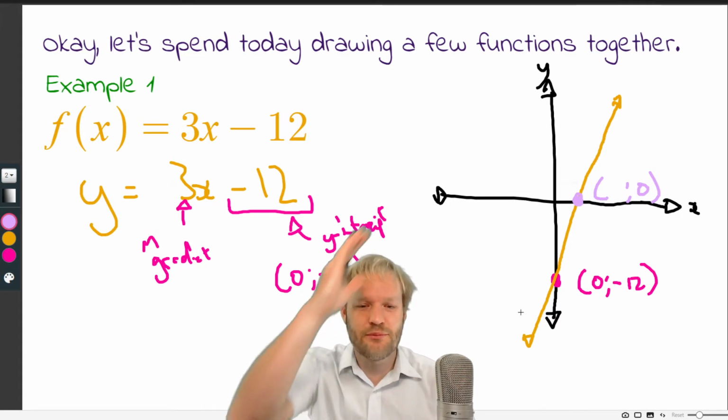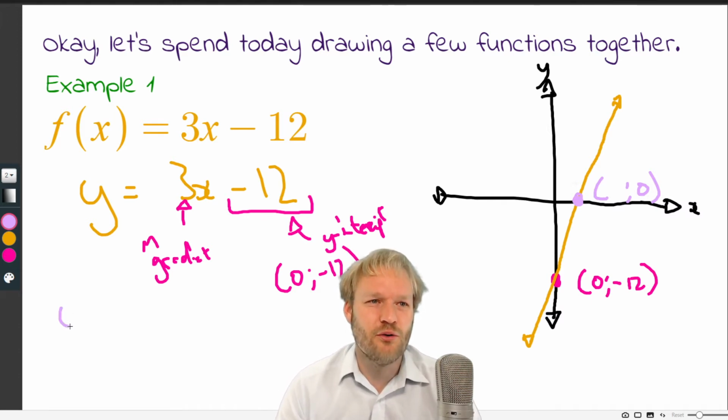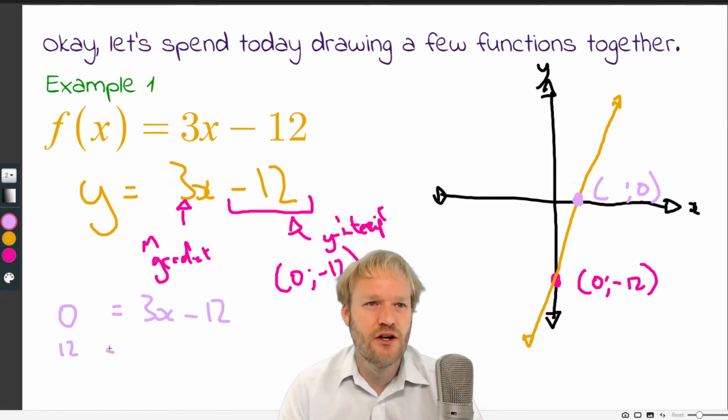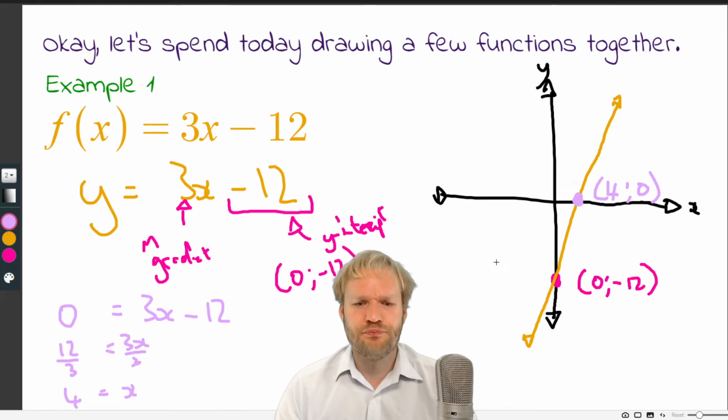So y equals 0 gives 0 equals 3 times our x value, which we don't know, minus 12. We rearrange: plus 12 each side, 12 equals 3x. Divide each side by 3, and we get x equals 4. Or perhaps you saw that 3 times 4 minus 12 is 0. So we get 4, and we've got everything we want.